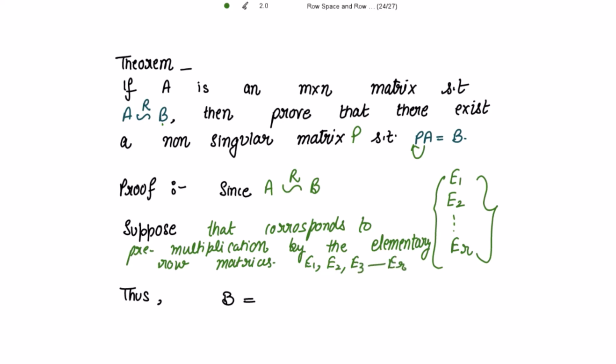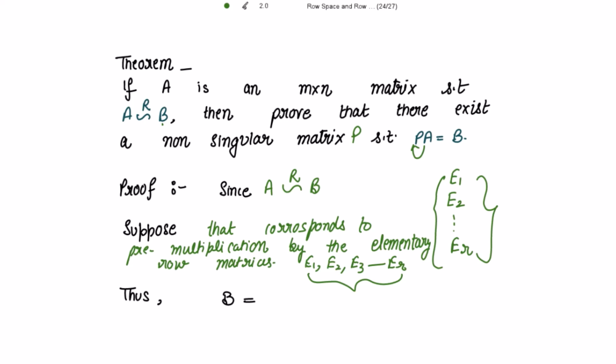The pre-multiplication is the product of these matrices. When you take the product of these matrices, you will obtain a single matrix, right? Whenever you take the product of matrices, you get a single matrix at the end.